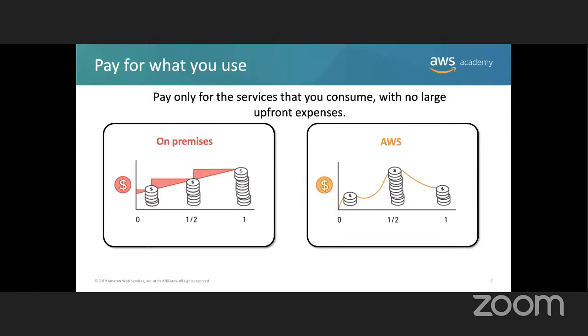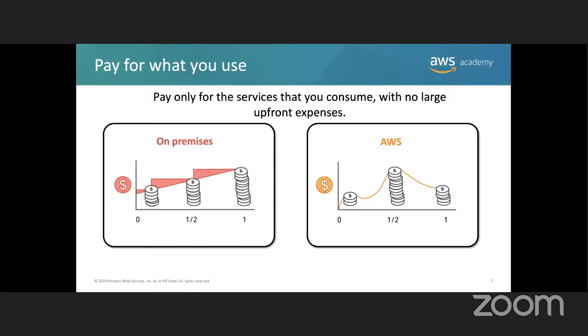You know, I have to buy servers, I have to hire administrators, packaging, installing, updating, things like that. No, what I can do is focus my efforts on good customer service and innovation, right? Because the thing that I had so many problems with is being taken care of by someone else, the cloud provider. So I don't have to worry about that anymore. Okay, that's the good thing about AWS.